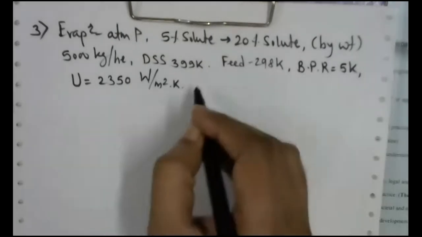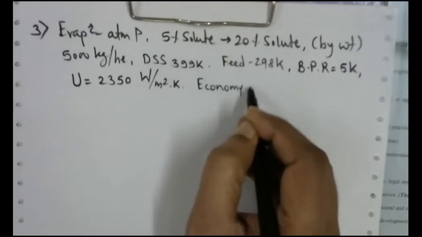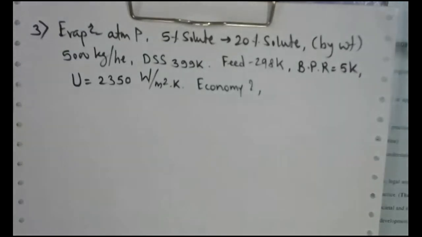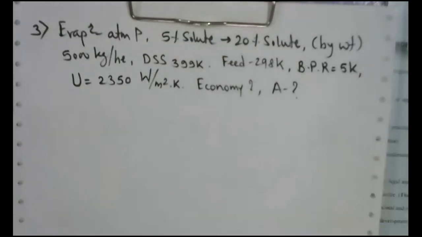Calculate the economy of the evaporator and the area of heat transfer to be provided. So first of all, you should understand what exactly the data is given, what is to be calculated, and then how it is to be calculated, right?